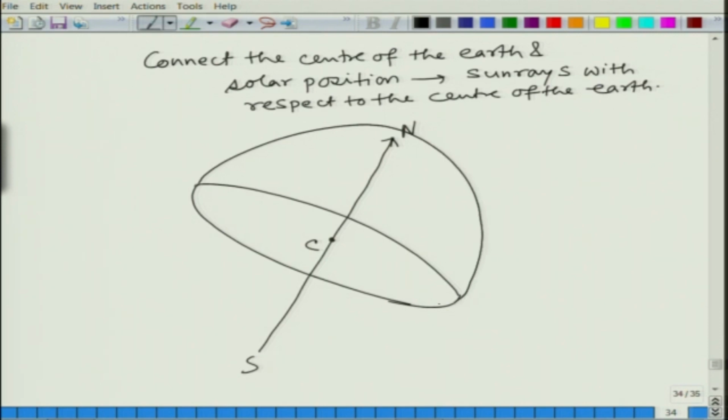We are drawing half of the earth so that it is easy to visualize, and we need to see the equatorial plane, that is why we have drawn the half circle. Now you can assume that the sun rays are coming all parallel from this side.